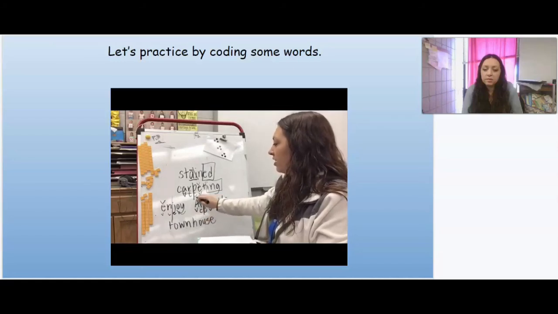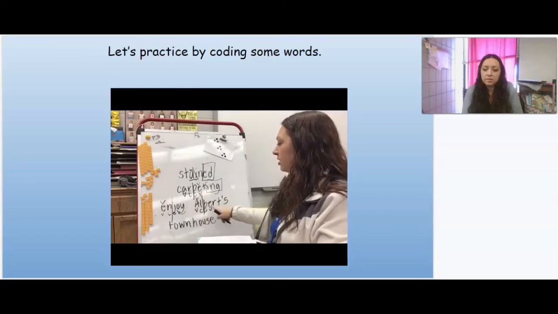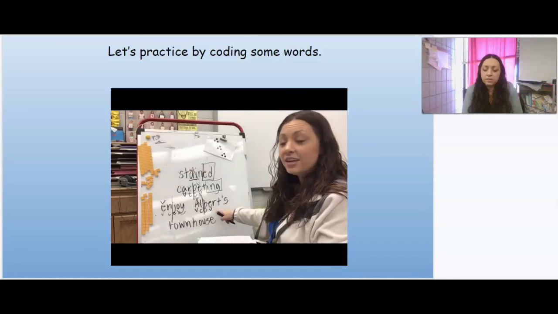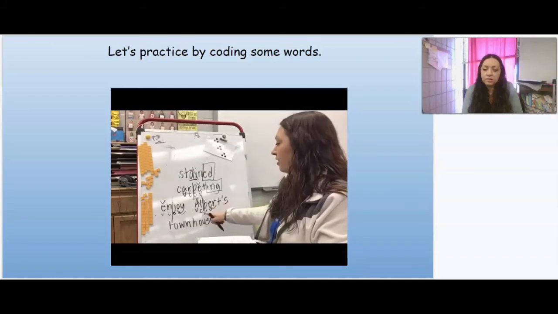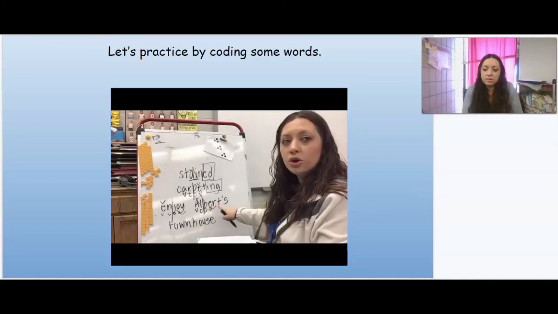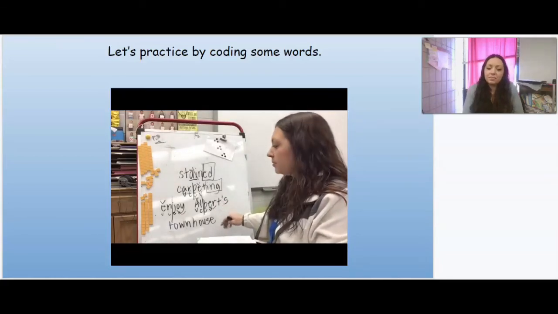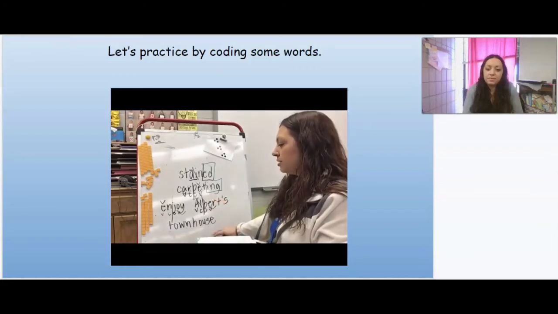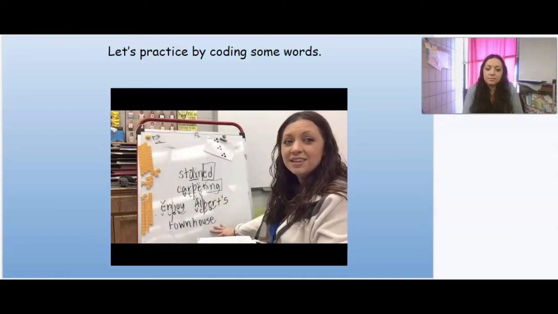And now I have a vowel in front of a consonant, so it's going to be short. And then I've got a vowel in front of another consonant, so I'm going to hook them together. So I've got owl, owl, and then I've got b-ert. So Albert, and then remember we have to put that S on there, Alberts. So enjoy Alberts.